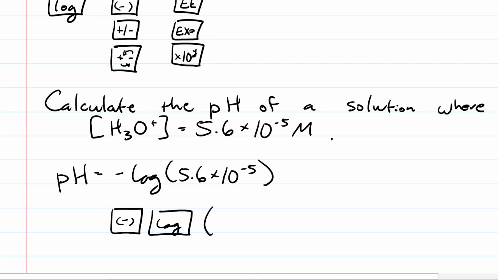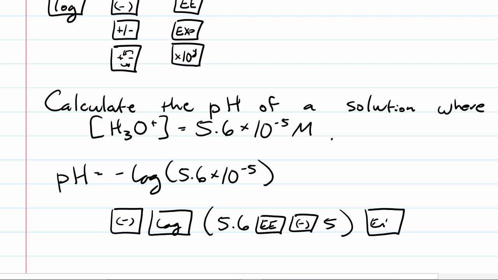In the parentheses, you're going to put 5.6. You'll put in EE and then negative 5. And then you're going to close the parentheses and hit enter. So here's your convention for entering it into the TI graphing calculator.